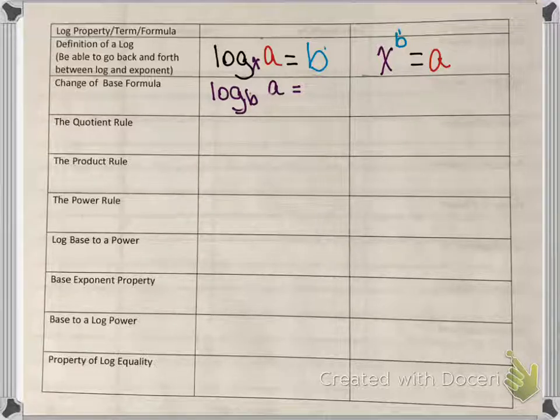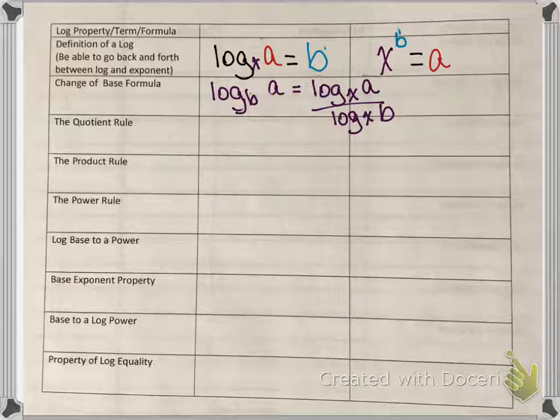The change of base formula allows us to do it more simply. We take a common base. I'm going to write log base x of A over log base x of B. That's the change of base formula, and the x represents the same base. That's all we have to think about: it's the same base.